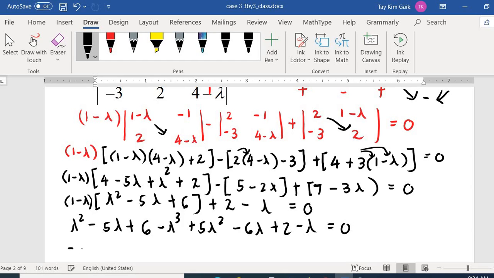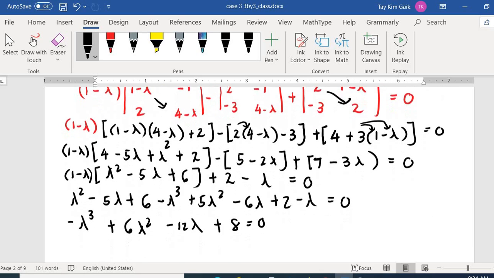So we got minus lambda cubed, lambda squared plus 5 lambda squared, so plus 6 lambda squared. Then minus 5 lambda minus 6 lambda, and then minus 1 more, so minus 12 lambda. And 6 plus 2, so plus 8, equal to 0.